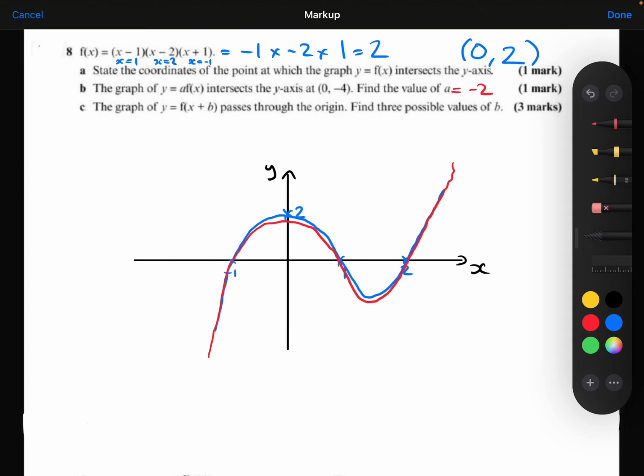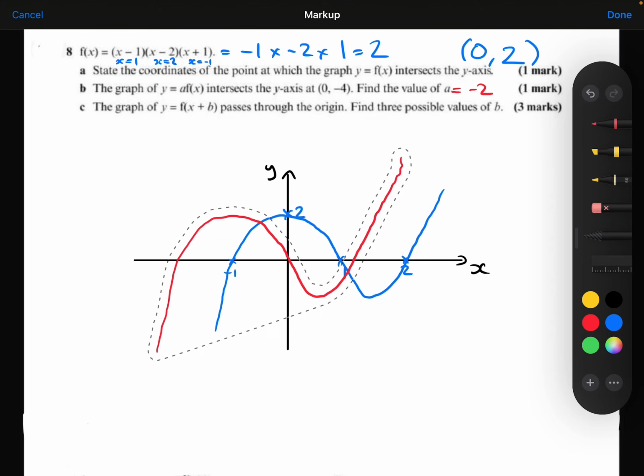Hopefully you can see that has been moved 1 unit from there to there. It was originally going through the point 1 here, it is now going through the origin, so it has moved 1 unit in the negative direction. So that corresponds to b being 1.